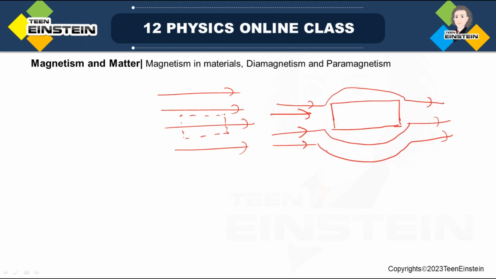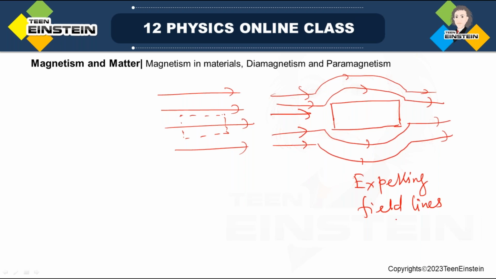Magnetic field lines will not pass through them. This is expelling of field lines by a diamagnet.